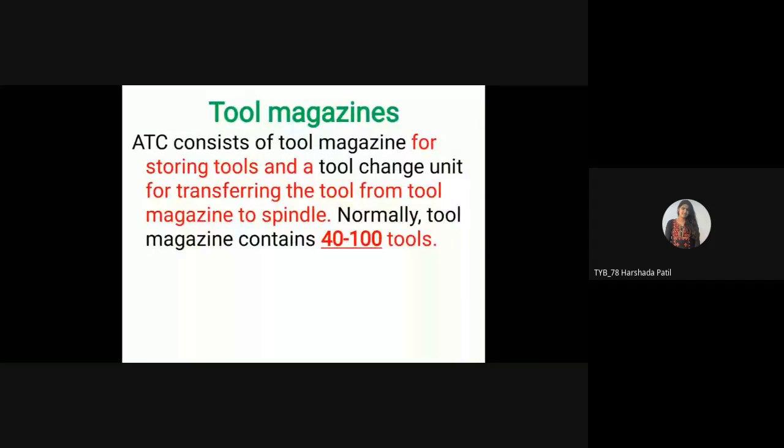Just imagine if one single machine carries more tools, we can easily reduce the time for collecting and placing tools and the tool setup time, and then we can easily produce a large number of products.